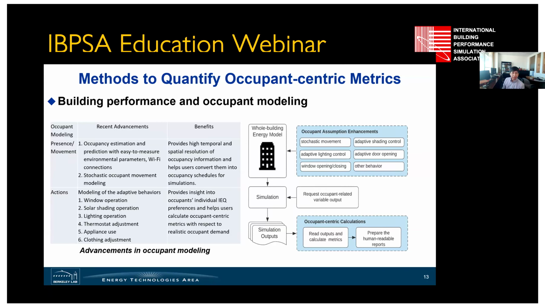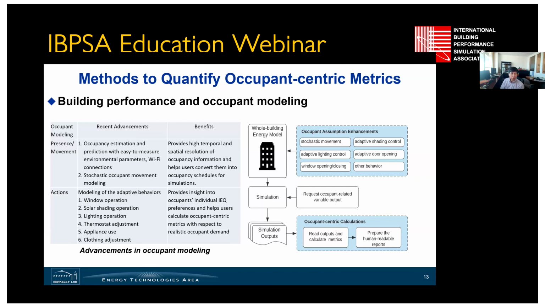So obviously the second method to quantify occupant-centric metrics would be through a building performance simulation. And as I mentioned earlier, for the last 10 years, a lot of advances have been made in occupant modeling techniques and data sets.